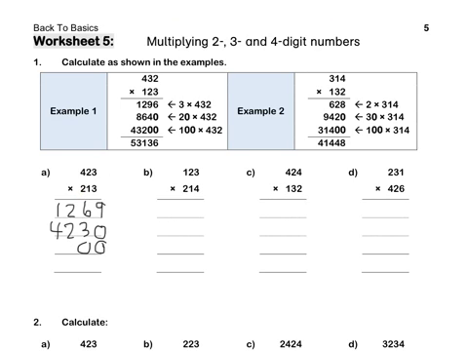Then 2 times 3 is 6. 2 times 2 is 4. And 2 times 4 is 8. Now we add up correctly to get our final answer. Press pause to complete the whole of question 1 by yourself.